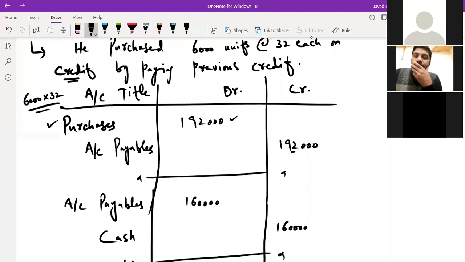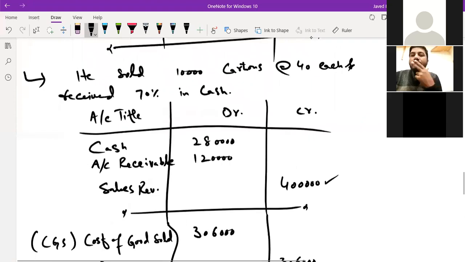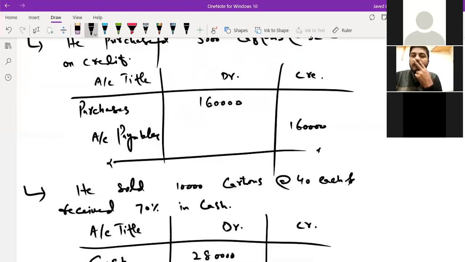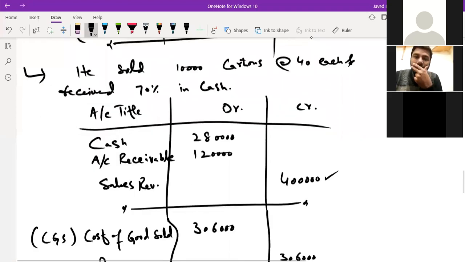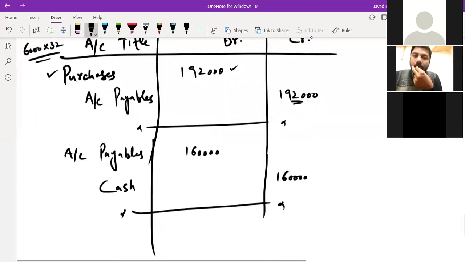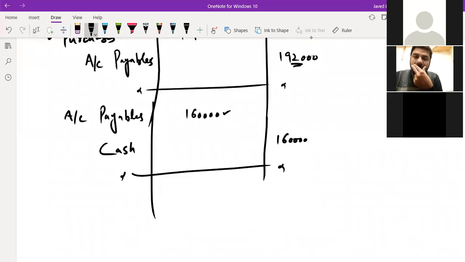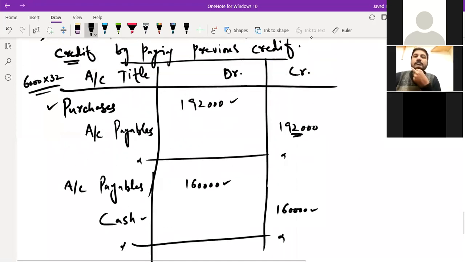The last part of the transaction states that by paying previous credit, we need to keep in mind that our previous credit in this transaction is 160,000, and this is an account payable. This account payable can be paid by debiting 160,000 and converting it into cash. So this liability is now paid, and the complete transaction is now processed.